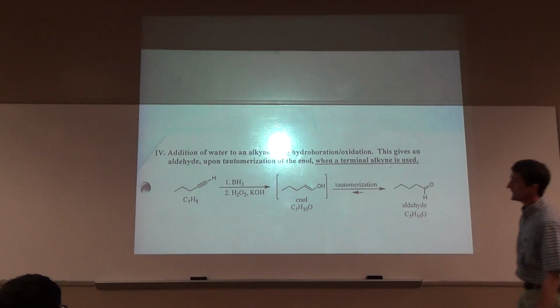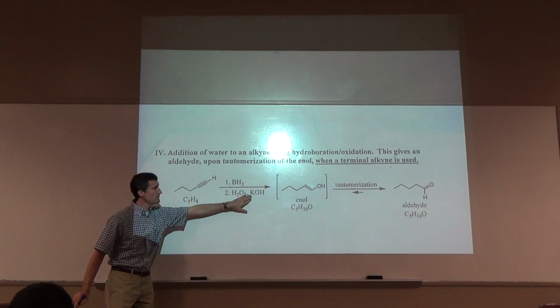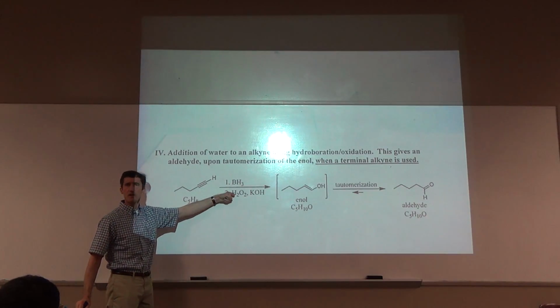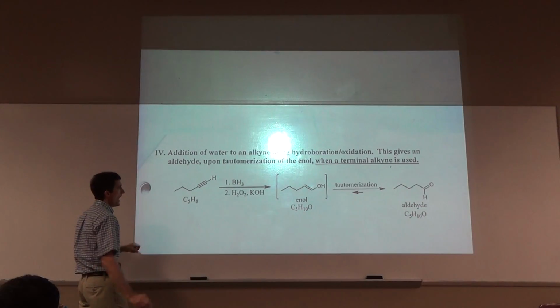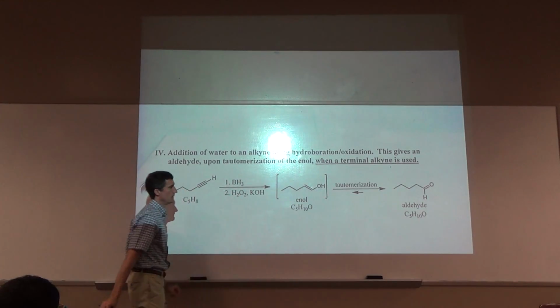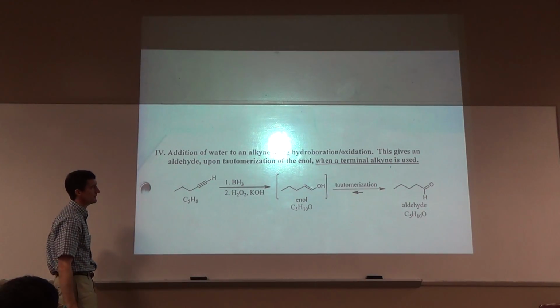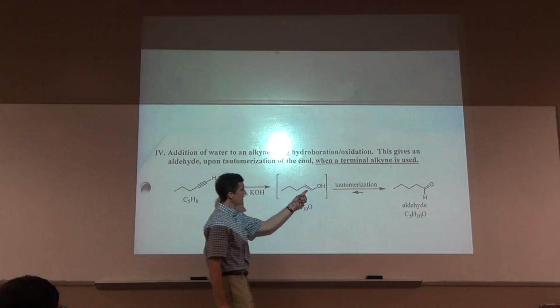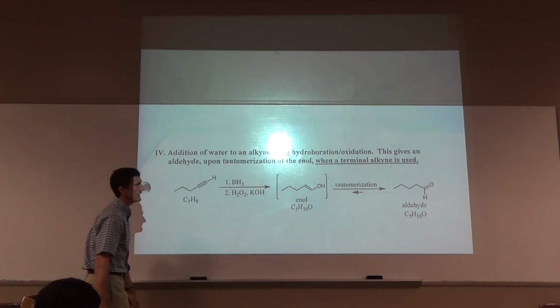Okay, let's look at hydration of an alkyne with BH3. Hydroboration followed by a magic step. This would give this enol. And when this tautomerized, you would get the carbonyl form, which is actually an aldehyde.